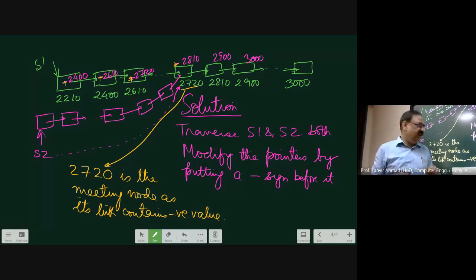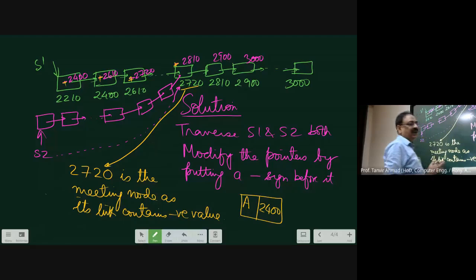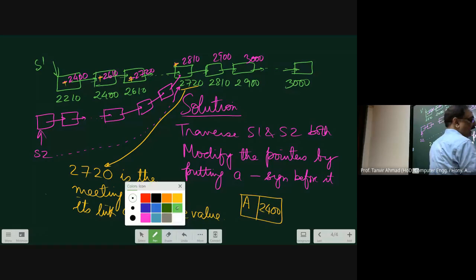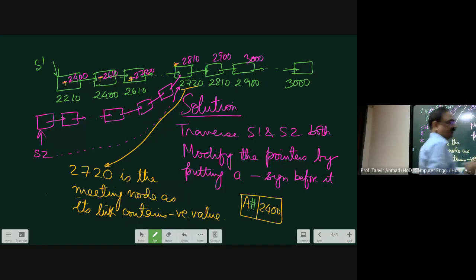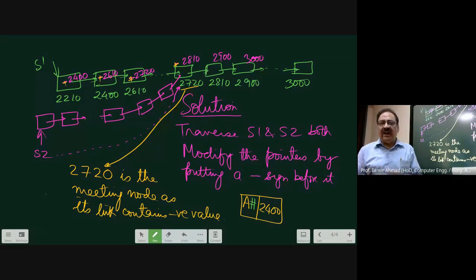For example, if a node is something like this, maybe it contains, say, 2400, and it contains maybe A. Suppose this is the node. What you can do is that I can put some sign. I might put a hash sign over here. As and when I traverse, I just modify the data part from A to A hash.